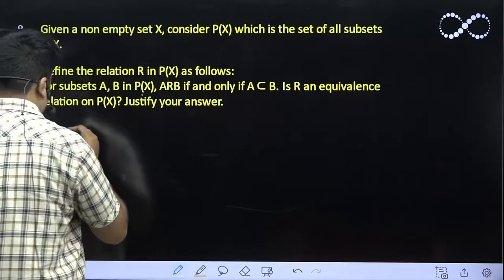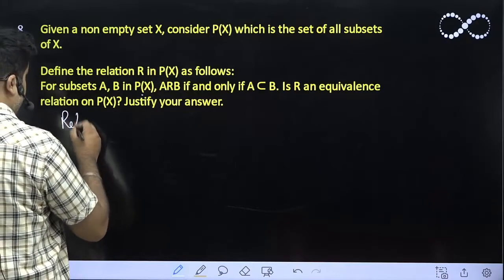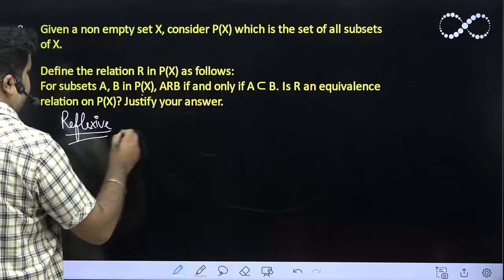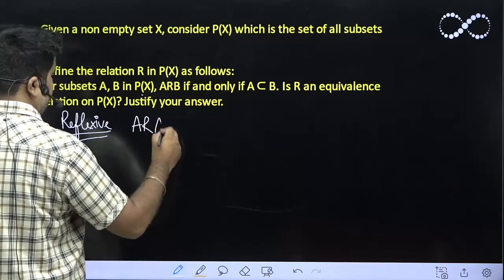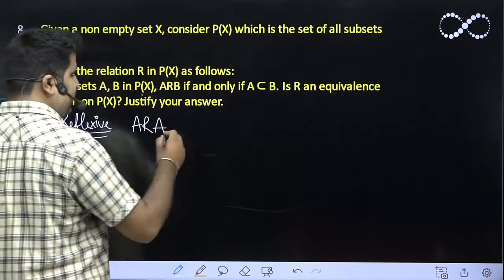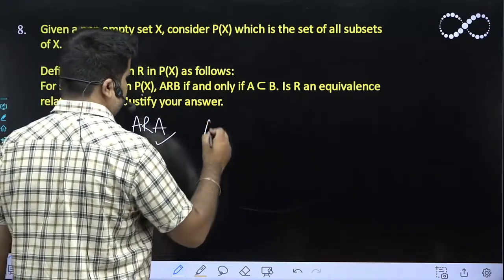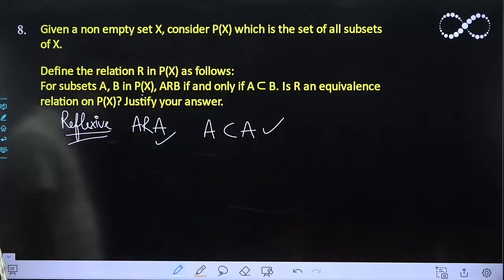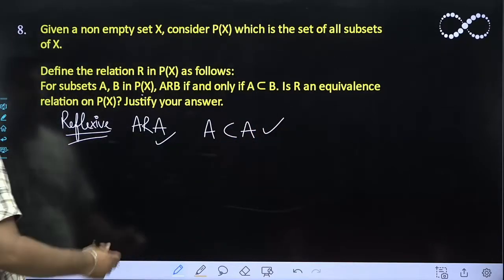Justify your answer. For equivalence relation, first we'll have to check the reflexive property. So first you have to check A R A. Is A R A true? Yes, this is true, since A is a subset of A. Right? Every set is a subset of itself.